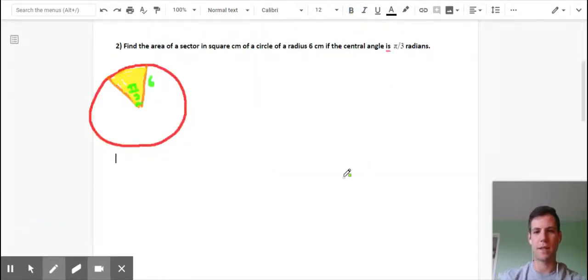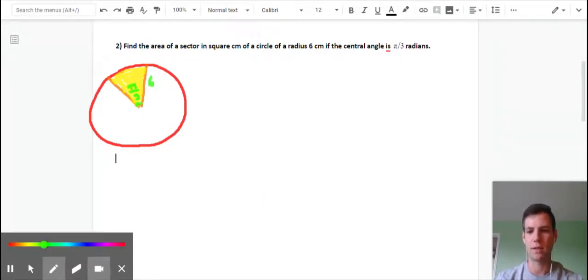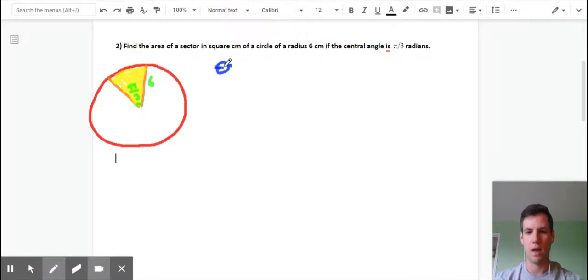In this sector area example, we have a radius of 6, and this central angle is pi over 3 radians. So we want to input this into the radians version of our sector area formula, which was theta over 2, half of our angle, and then multiply that by r squared.